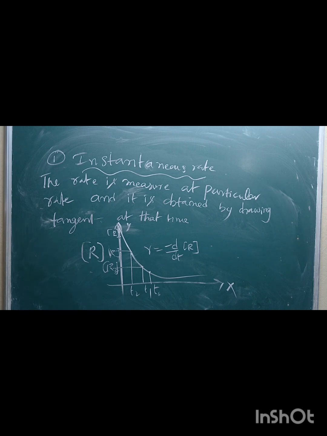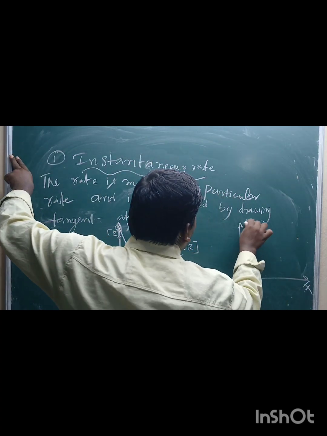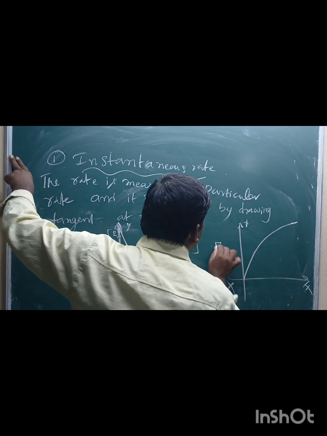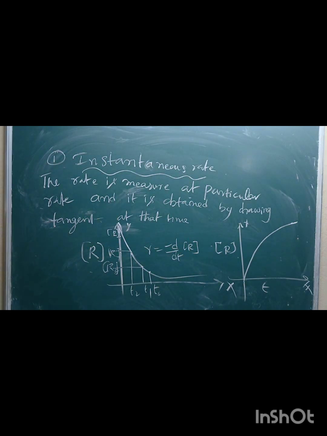To take average rate, the rate is measured over a finite interval of time, and it is obtained by knowing the concentration of the substance at two different times. It is called average rate.